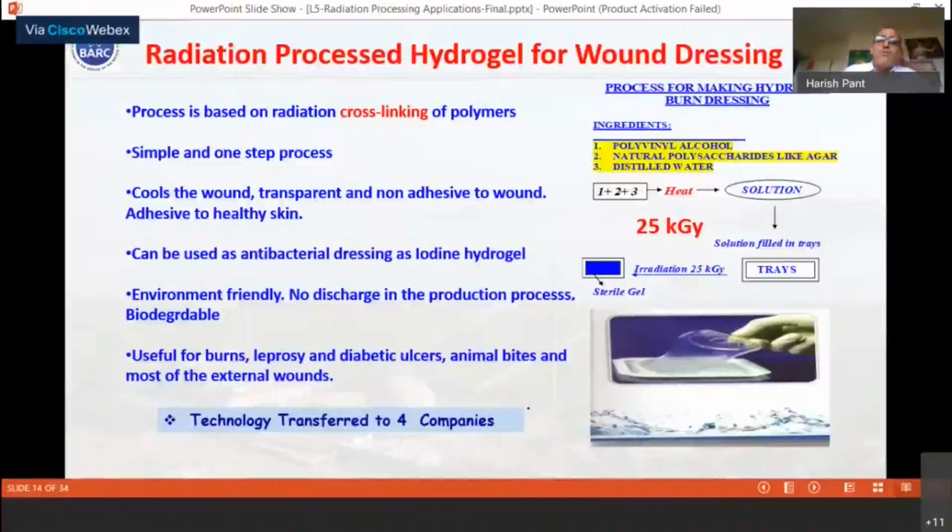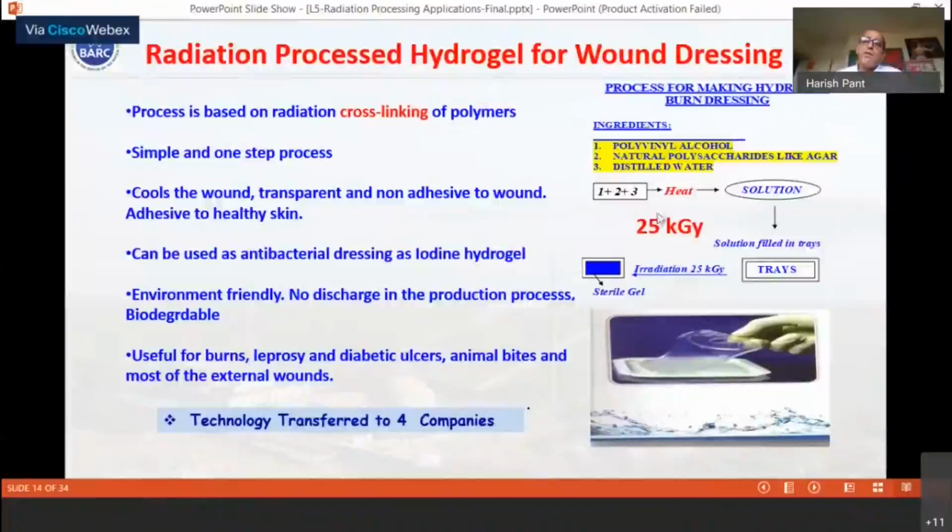Now another example of radiation processing is the radiation processed hydrogel for wound dressing. This is a process in which polyvinyl alcohol, a mixture of polyvinyl alcohol and a natural polysaccharide like agar, and distilled water are mixed and heated, and this solution is then filled in trays and irradiated either by electron beam or by gamma radiation.